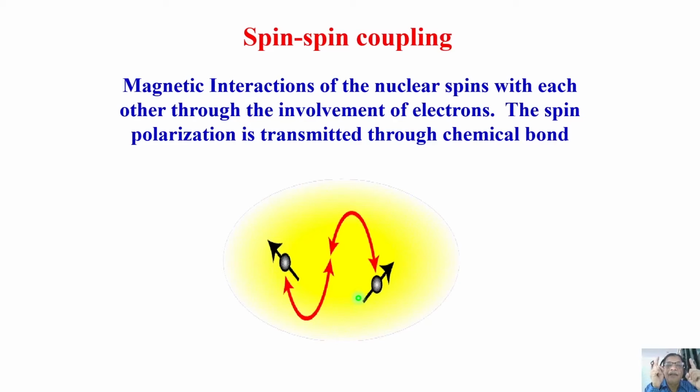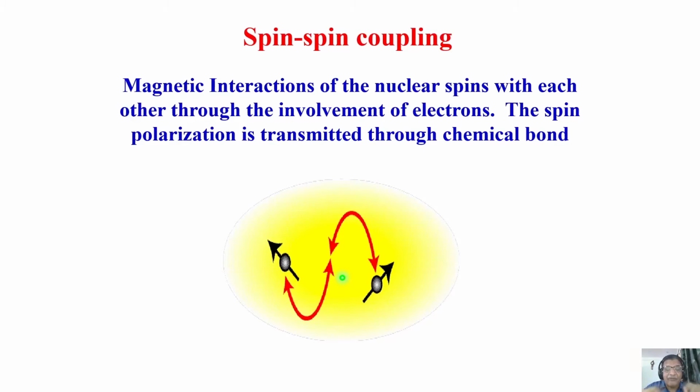As I said, remember, except quadrupolar interaction, all are magnetic interaction. It is the magnetic interaction of the two nuclear spins. Let us say this is one nuclear spin, this is another nuclear spin. There is a magnetic interaction between these two with involvement of bonding electrons. Remember, there must be a covalent bond between these two.